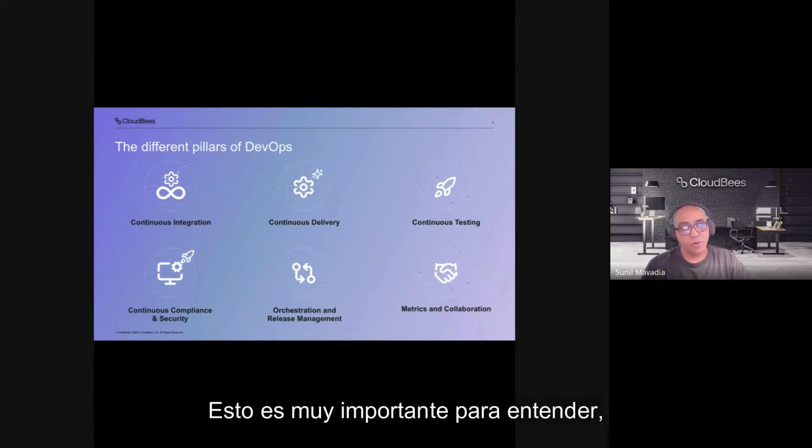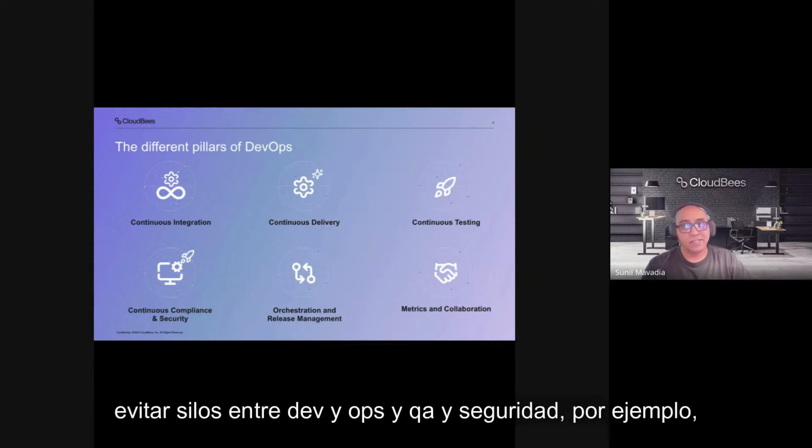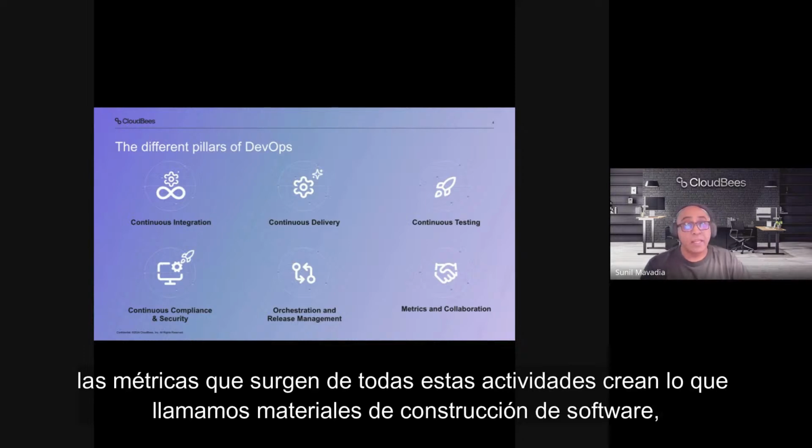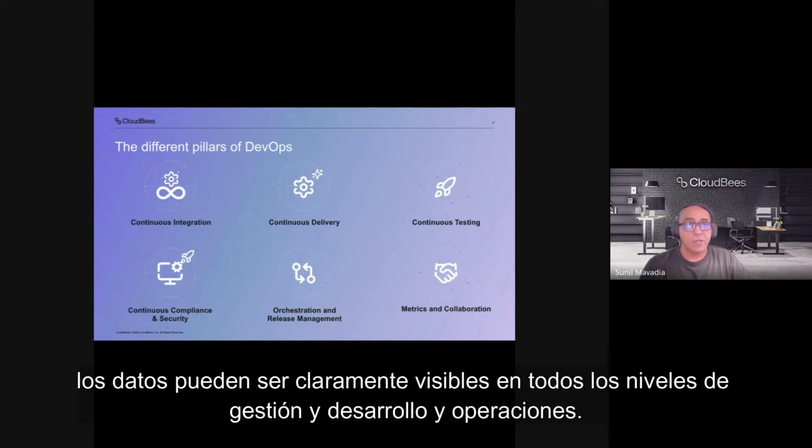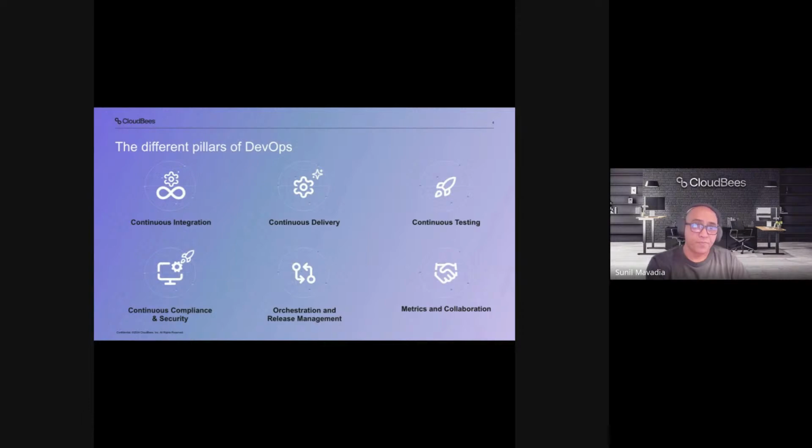This is so important to understand, avoiding silos, right? Between dev and ops and QA and security, for example. And the metrics that come out of all this activity create what we call a software bill of materials. And that data should be clearly visible across all levels of management and development and operations.